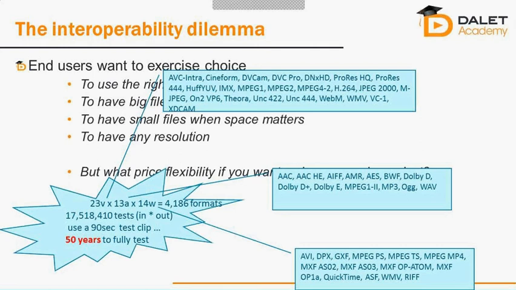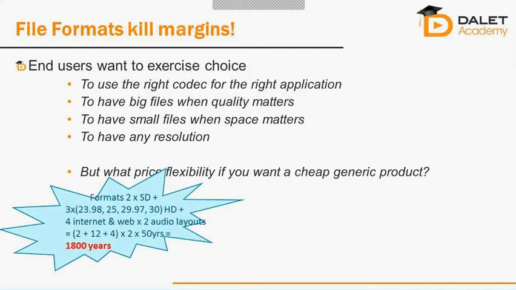But that's not all. You don't just have one video resolution and one setup of audio channels. If you multiply by the number of different video formats and the potential commonly used audio layouts, it might take you a little over 1,800 years to fully test your product. And what does that mean? That means that every multi-format product on the marketplace is by design broken because nobody can fully, exhaustively test their product.